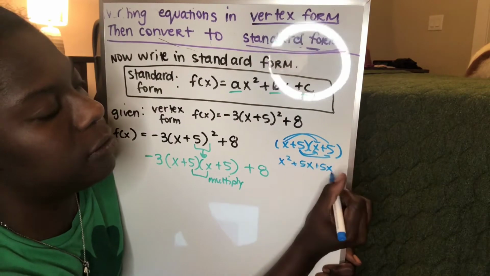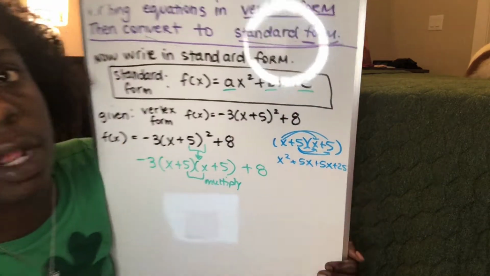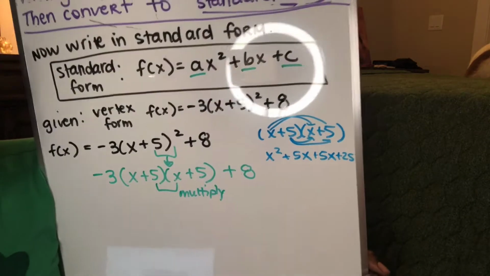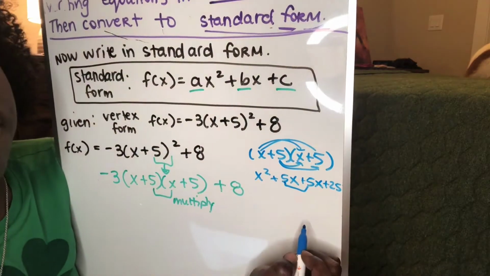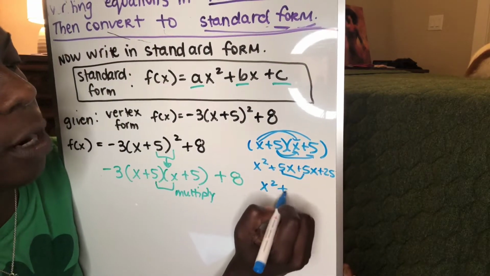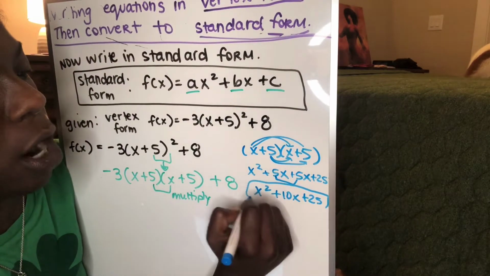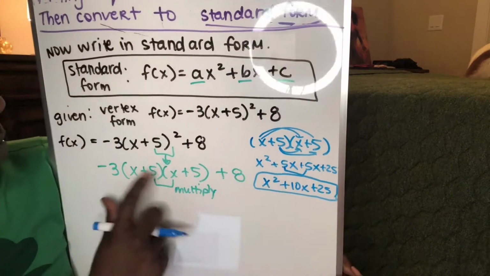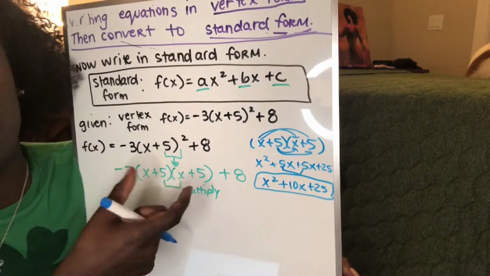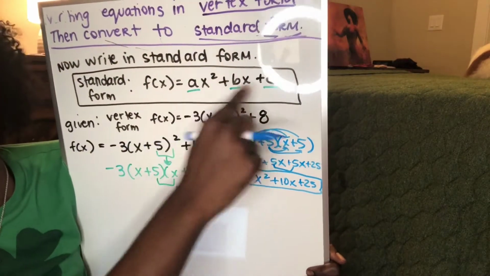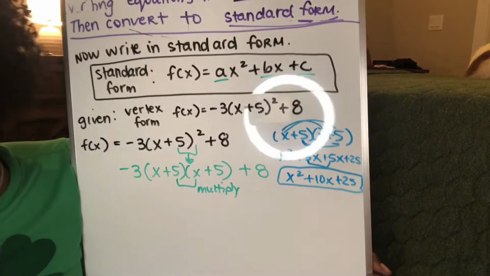And then 5 times 5, that's plus 25. Then combine like terms, 5x plus 5x. This is now x squared plus 10x plus 25. That's going to be our new expression once we multiply these two terms. We're trying to get rid of those parentheses, because we want our equation in standard form.